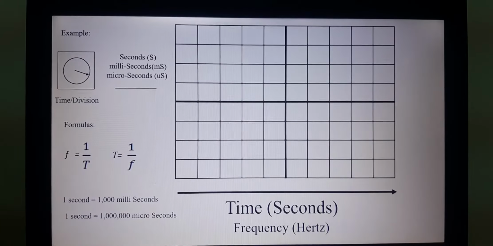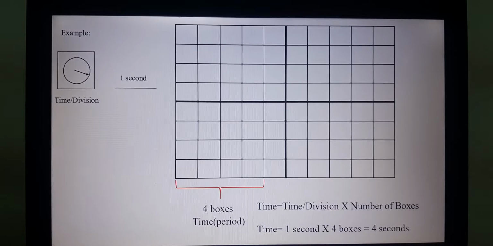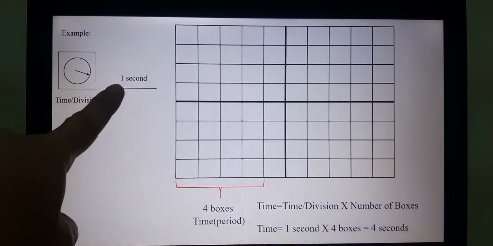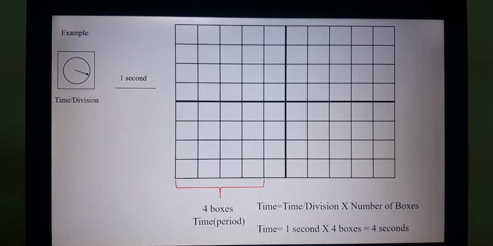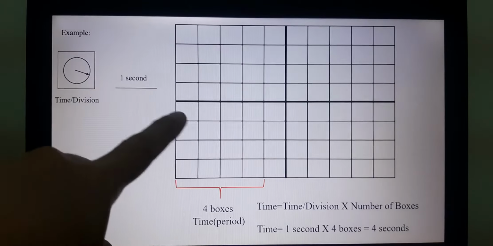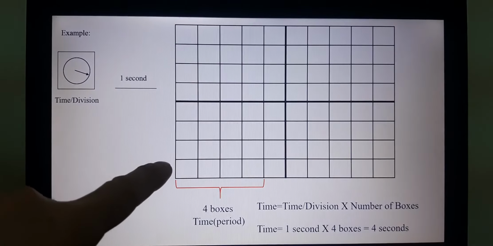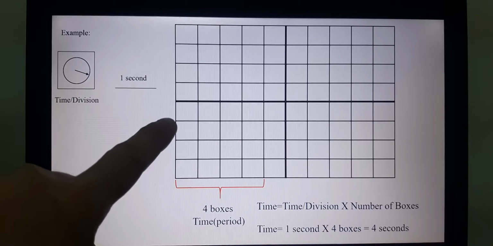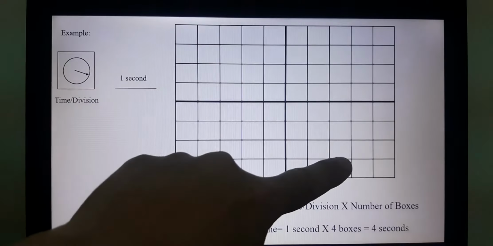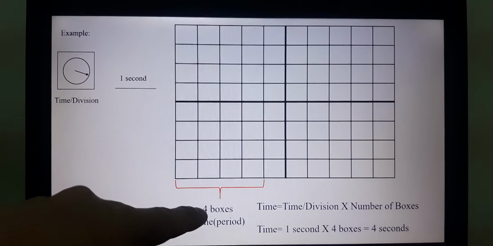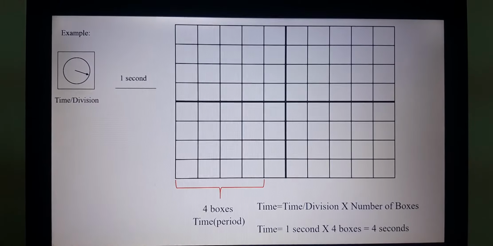Let us proceed. Example: the time per division knob is set to 1 second. Then the signal has a duration of 4 boxes to complete 1 cycle. So 1 cycle, for example, occupies 4 boxes horizontally. So we have here 4 boxes to complete 1 period of time.